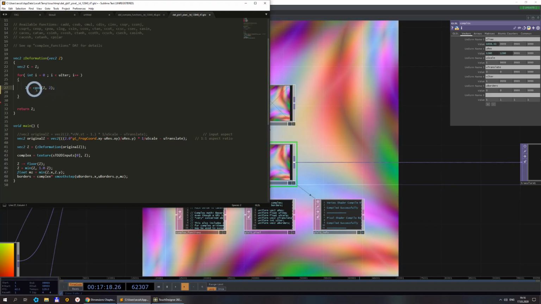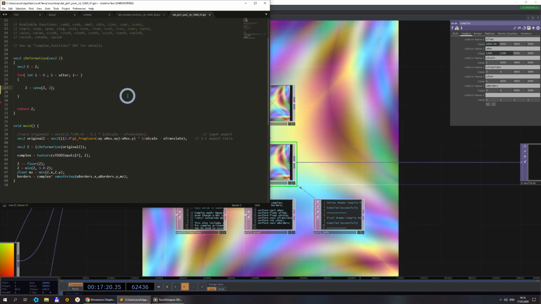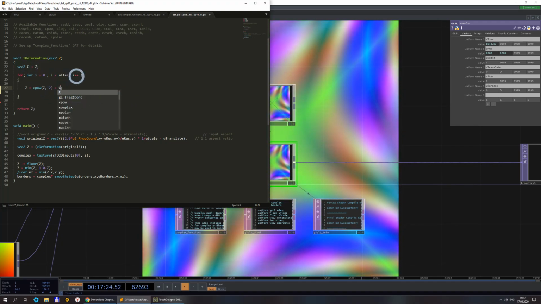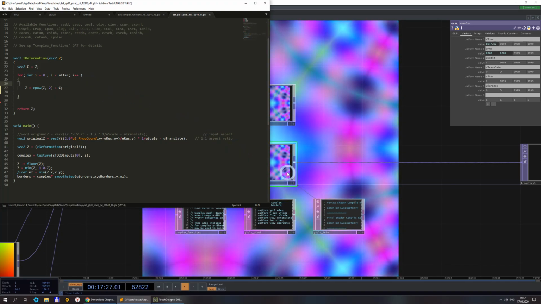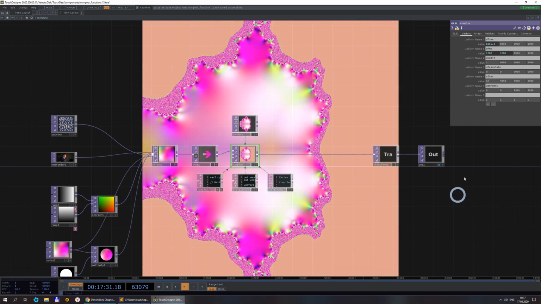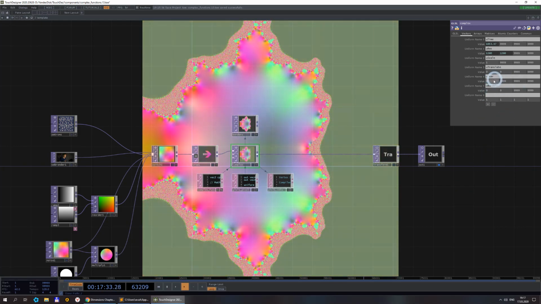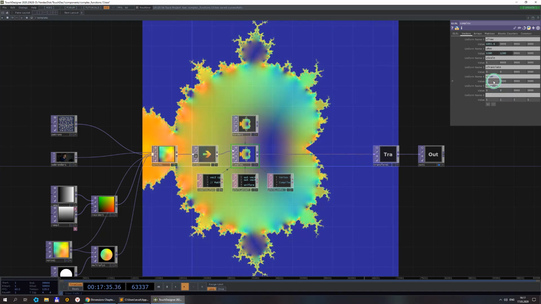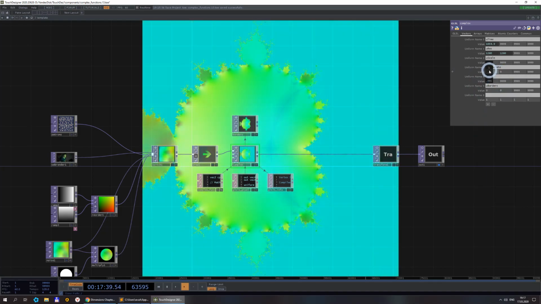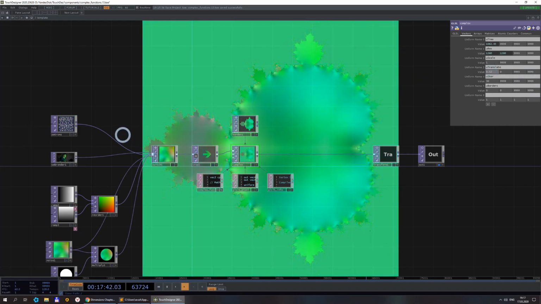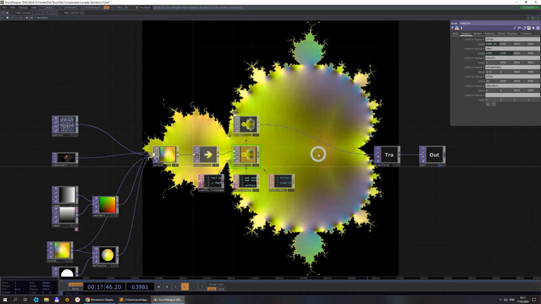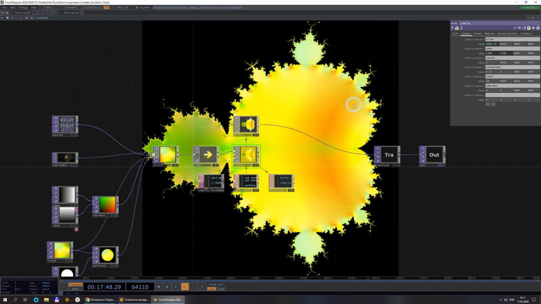Z equals Z squared plus C, so plus the original Z. And if we increase the number of iterations, you will get something familiar. Probably it's familiar to you. Let me switch back to this version. So it's the Mandelbrot fractal.